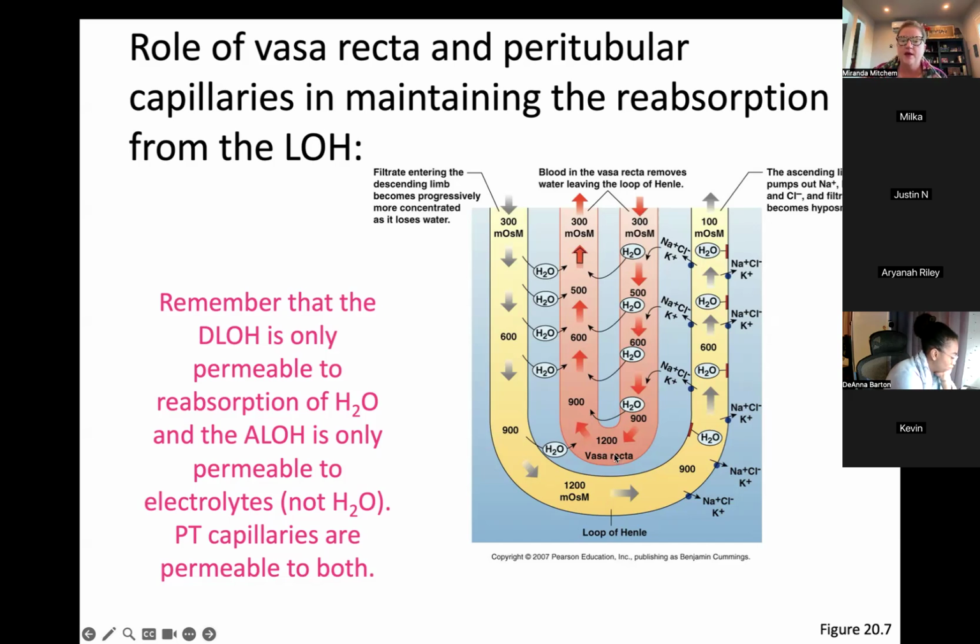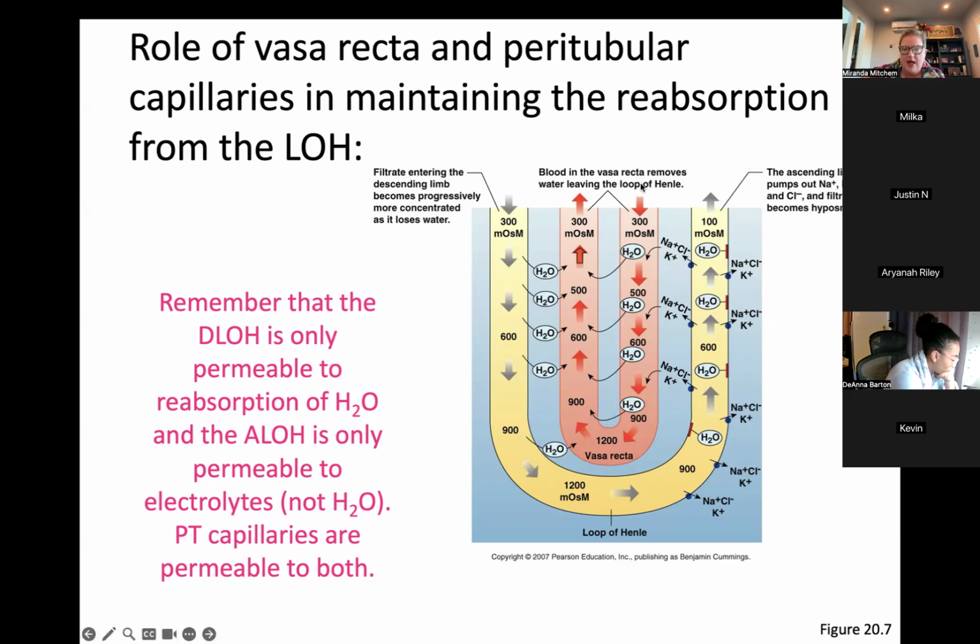Those are the same thing. And this creates the gradients that are needed for sodium and chloride and potassium so that they can move through their different channels and transporters. Without having this countercurrent exchange system, there wouldn't be a proper gradient to facilitate that reabsorption.